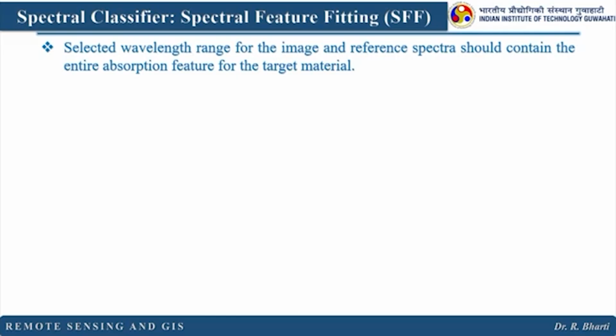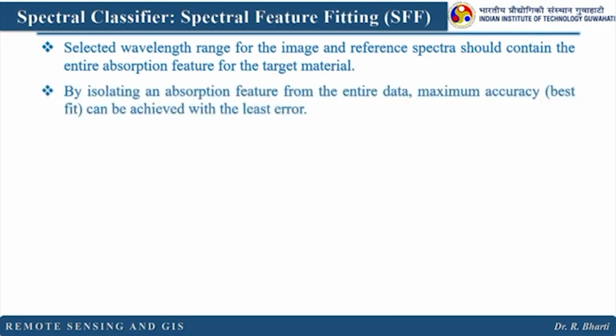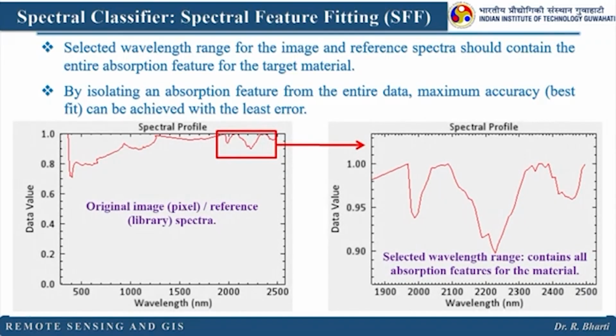By isolating an absorption feature from the entire data, maximum accuracy or the best fit can be achieved with the least error. If I want to study only this portion, why should I keep all this other part? Because when I keep it, the algorithm will run for that also. So to better identify, we will just use this spectral range from the image as well as from the end member or spectral library.